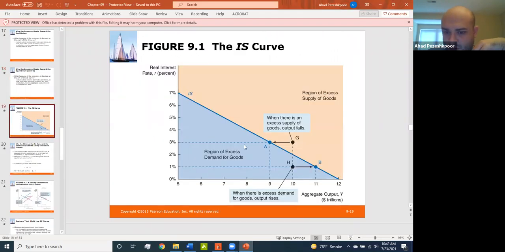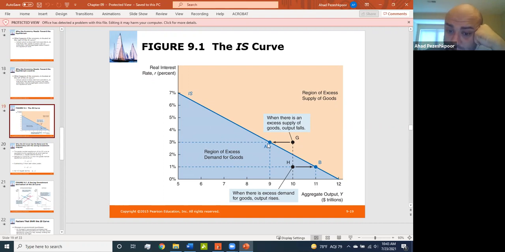When you're on the left side, this means that your interest rates are lower than, for example, if you're here, your output is at 7, your interest rates should be 5. But what if your interest rates are 3%? If the interest rate is 3%, this means that your output should be 9, not 7. Because of all the problems associated with interest rates that we talked about, effect on consumption, investment, and so on.